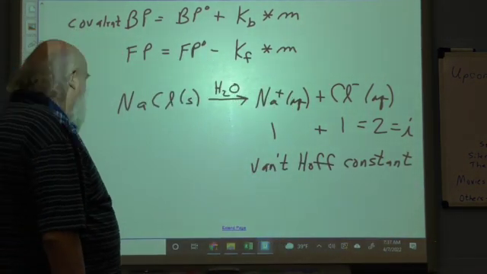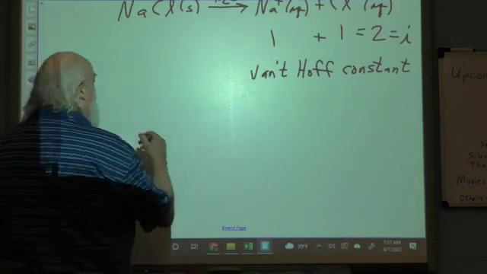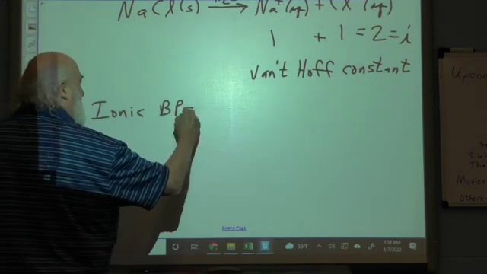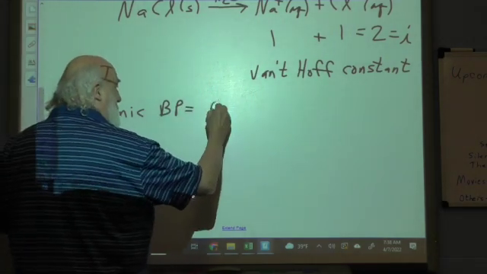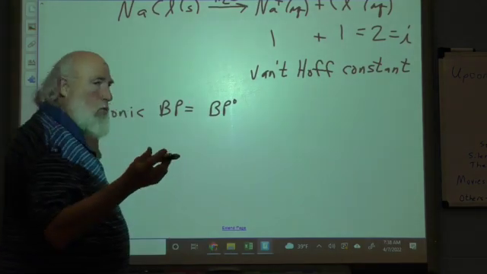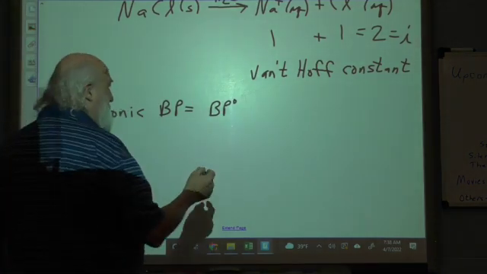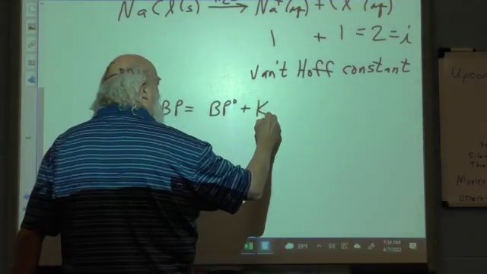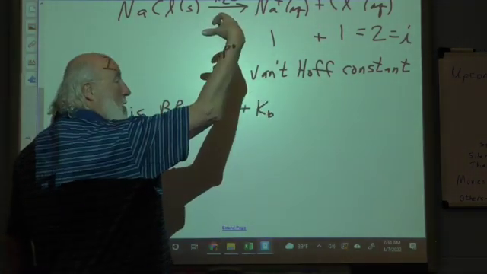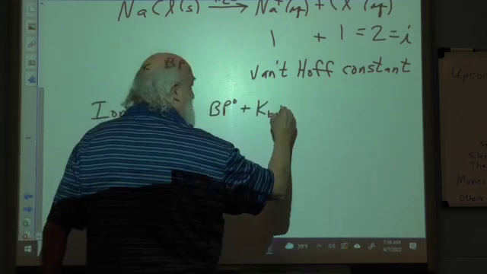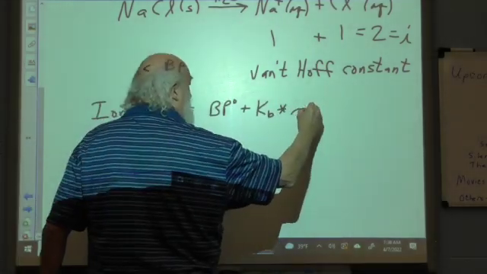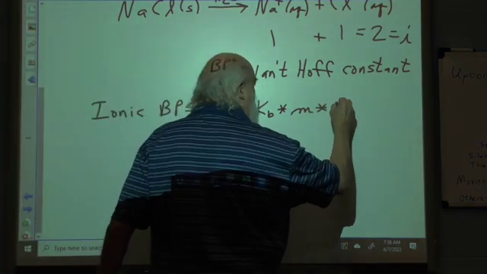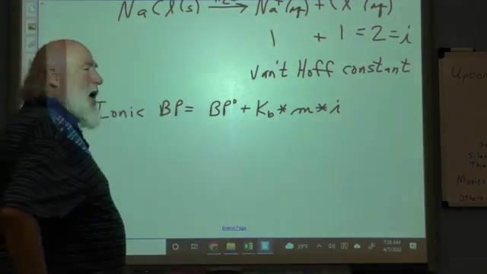And so we are now going to say that the ionic boiling point is equal to the original boiling point, which for water is 100 degrees Celsius, plus Kb, plus because it's going to elevate it and make it higher, times the original molality of the entire solution, times that Van 't Hoff constant, because it's going to double this factor right here.